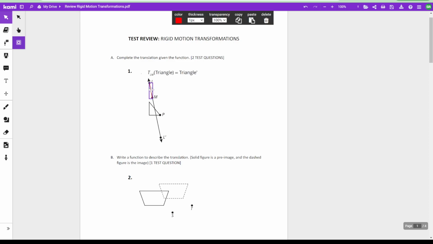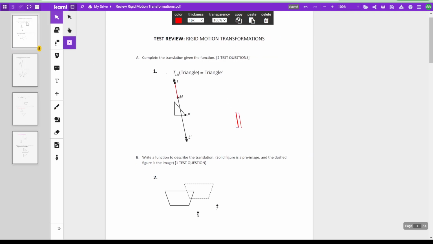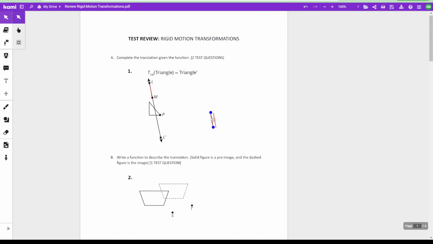And then you want to take this line segment and place it on every point of this triangle so that we can essentially slide all the points that distance and direction of L to M. Okay, notice how these red lines are parallel to that original line LM.